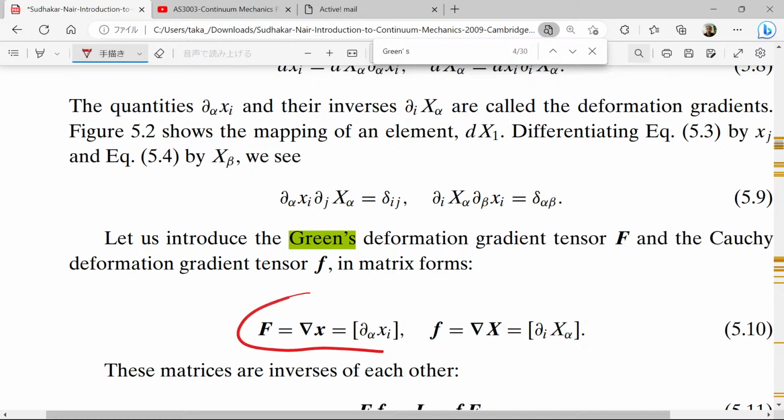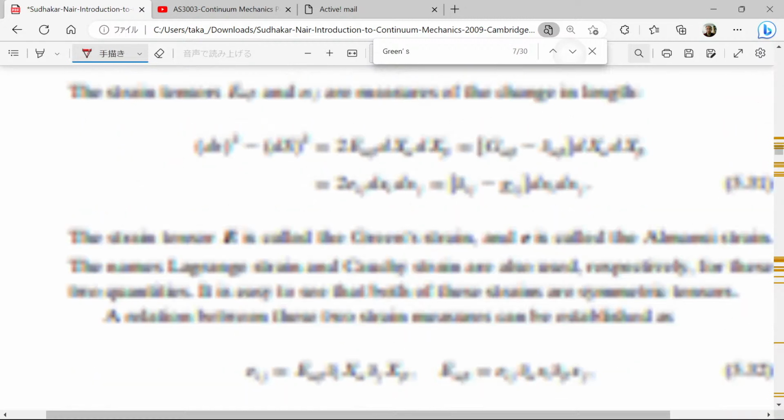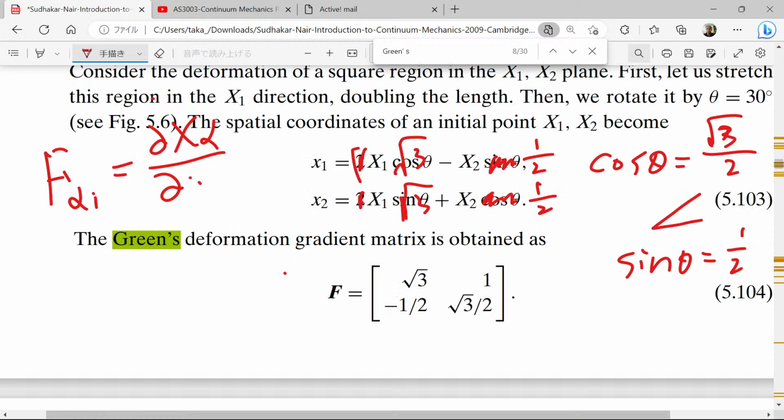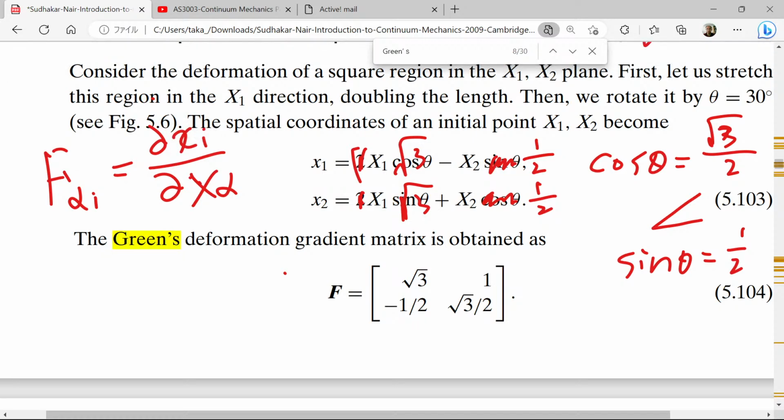This is alpha xi. You go small xi, small xi. Yeah. So partial x1, partial large X1, that's this.